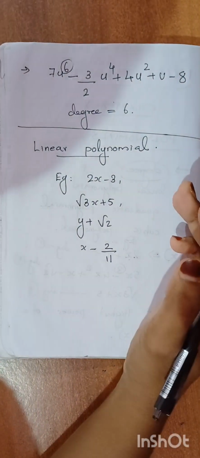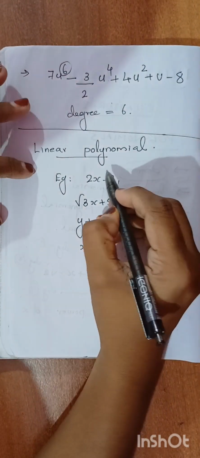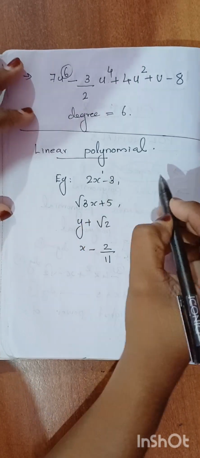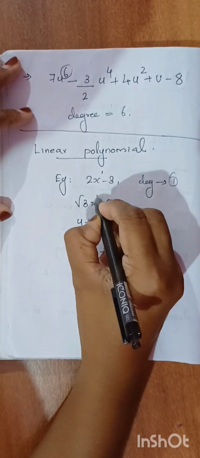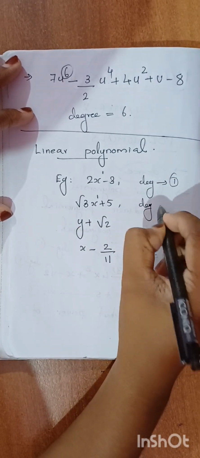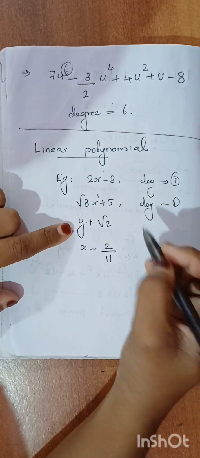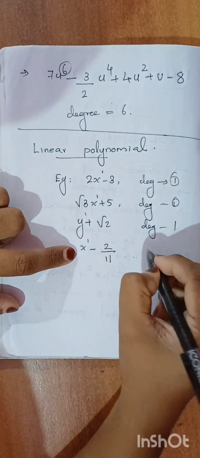In these given examples, we know that here the degree is 1, right? The power of x is 1, that is the degree is 1 here. Here also the degree is 1. What about this one? Here the variable is y, so the power of y is 1, so the degree is 1 here, and here also the degree is 1.